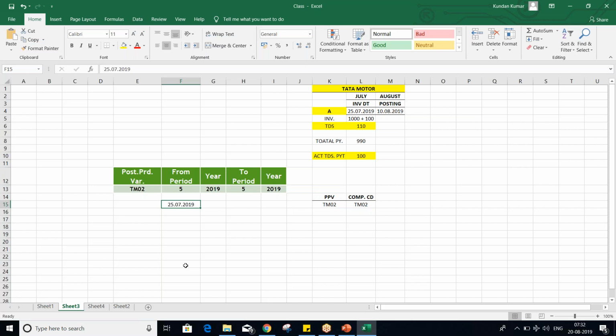But whenever the user posts this transaction, the system is going to check. This is 25th 07/2019.